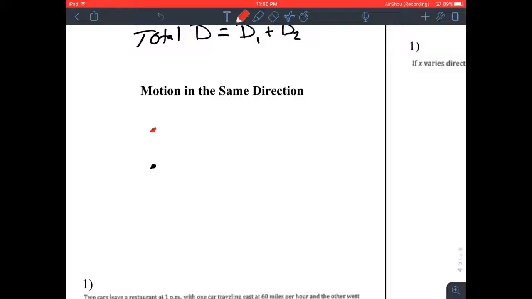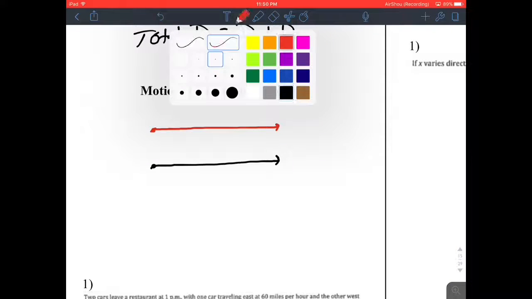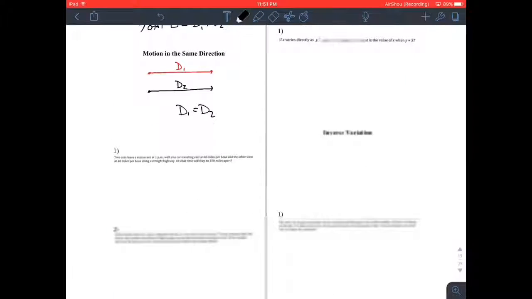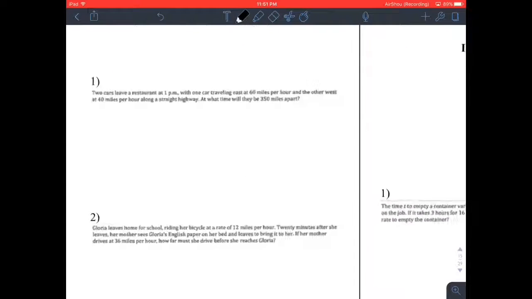Person 1 starts early and they're going in this direction, and then it says, hey, person 2, they're going to start late, but they're eventually going to catch up to them. How long will it take them to catch up to each other? Well, in this case, the distance of each of the people, they have to be equal. If they're starting in the same spot and ending up in the same spot, that means that their distances have to be equal to each other. So keep that in mind. That's going to come up in some problems on the ACT for sure.